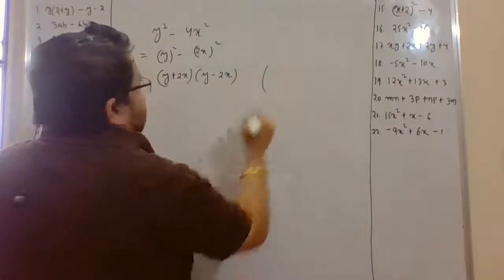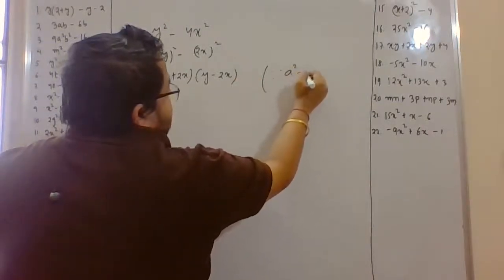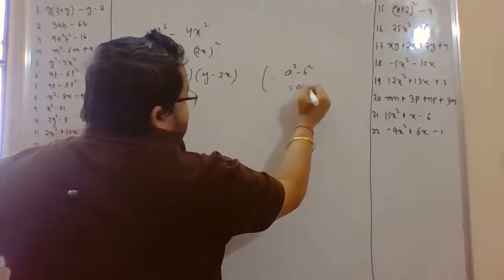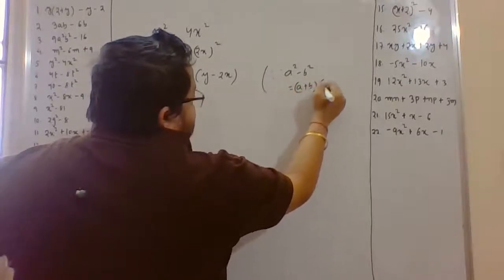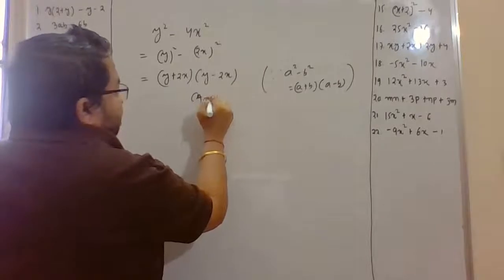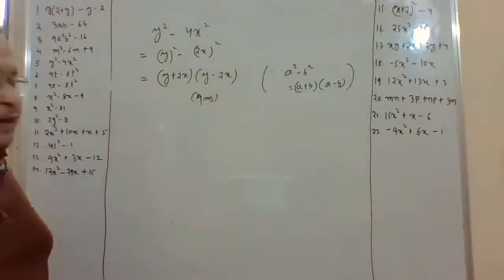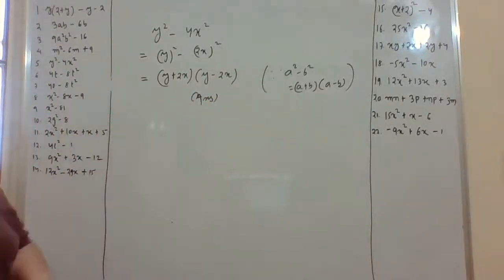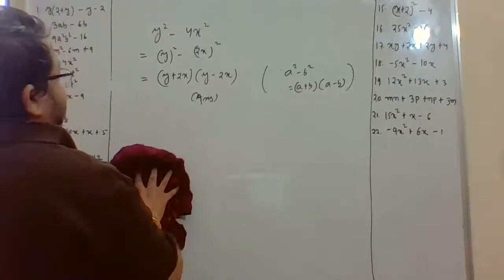The reason is a squared minus b squared equals (a plus b) into (a minus b). Okay, so this is your answer. Very easy problem. Type it down and let us go to the next one.